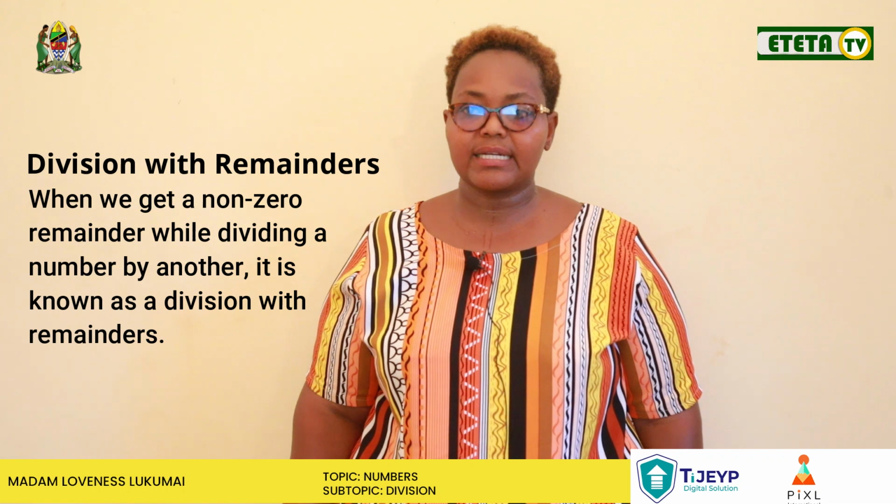Let us take an example of distributing 9 balloons equally to 2 children, such that both children will have an equal number. Is it possible to do that without getting a leftover?